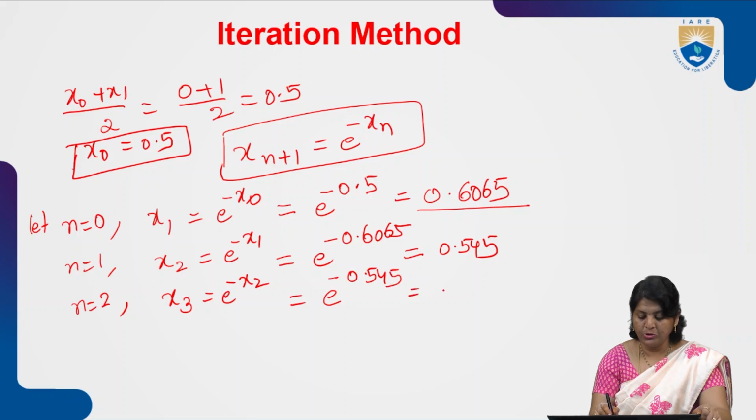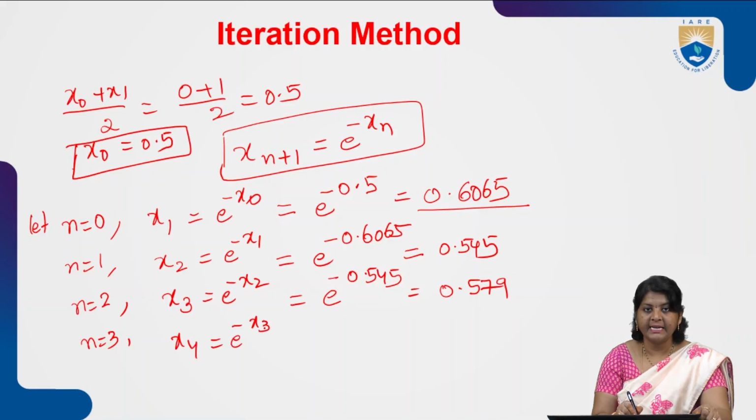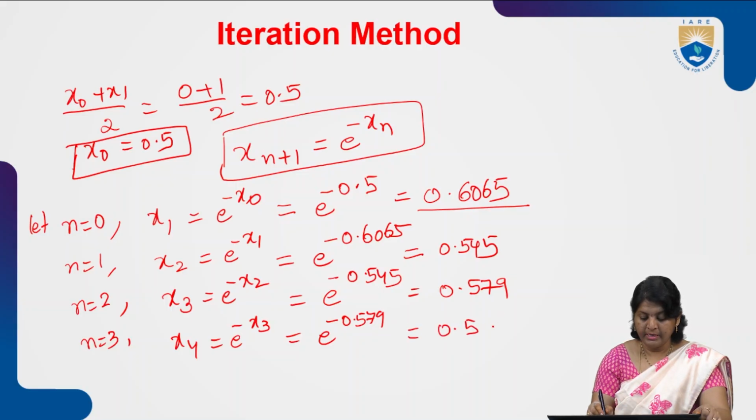So this is equal to 0.579. And now when n is equal to 3, x4 is equal to e power minus x3, which is equal to e power minus 0.579, which is equal to 0.560.